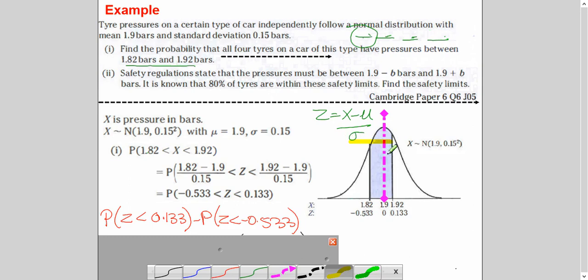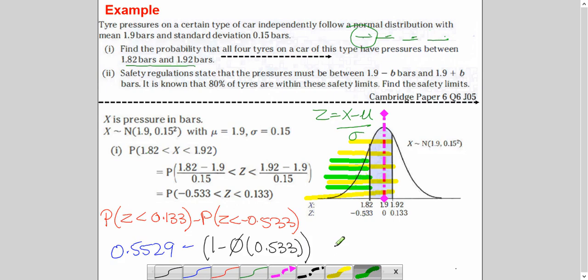All this area on the left hand side of this line, I'm representing it by Z less than 0.133, and it is not an issue to calculate because Z is positive and from the table you get the left hand side area. So you will get all this area, and then you have to minus this area to get this blue area. So I'm writing probability of Z less than minus 0.533.